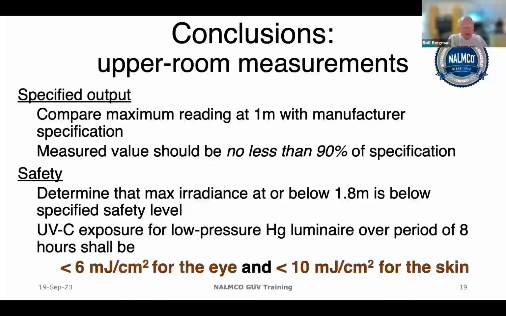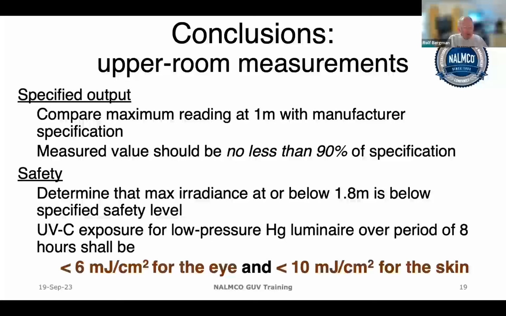That multiplied value of the irradiance times 30,000 has to be less than 6 millijoules per centimeter squared if it's a low pressure mercury lamp, or 10 millijoules if you're concerned with the skin, but mostly it's the eye we're concerned with.